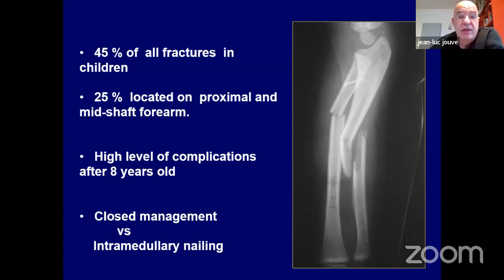You must remember that, because every time you will have to decide to do a closed management or to do intramedullary nailing. And when you have to decide if you do surgery or not, you must remember that in the proximal part and medial part of the forearm, you cannot expect good remodeling bone. And this is the reason why I think that if there is any doubt, you have to do intramedullary nailing.